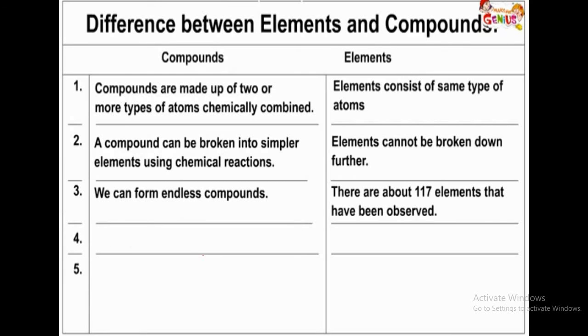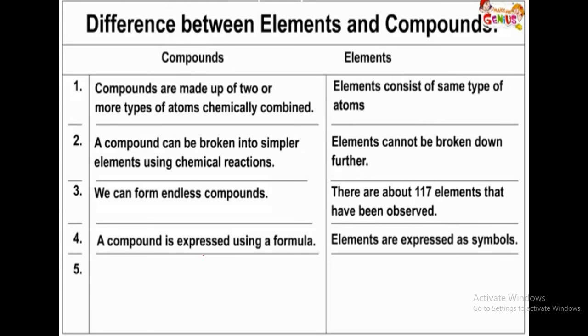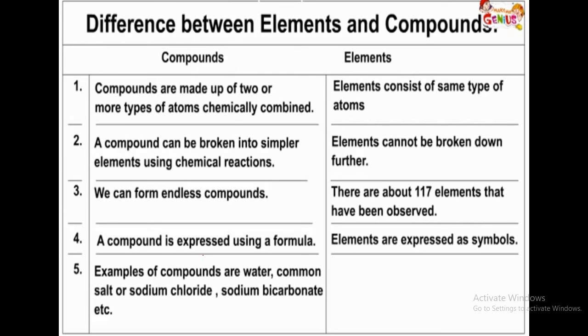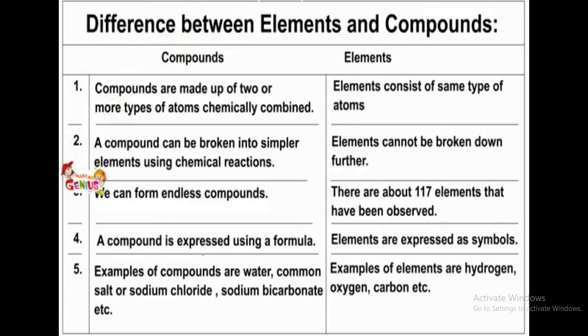A compound is expressed using a formula, whereas elements are expressed as symbols. Examples of compounds are water, common salt or sodium chloride, sodium bicarbonate, etc. Examples of elements are hydrogen, oxygen, carbon, etc.